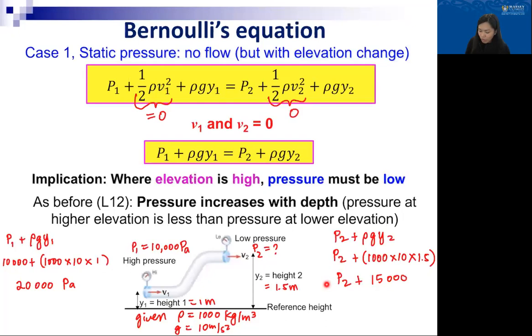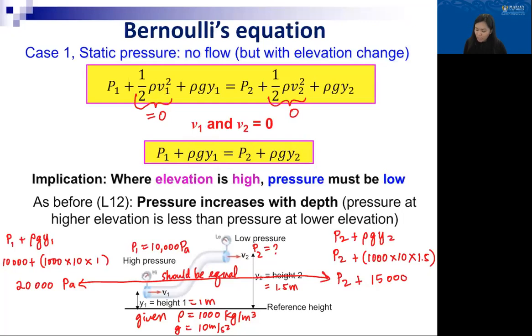Bernoulli's equation says that the cumulative pressure on one side should be equal to the cumulative pressure on the other side.